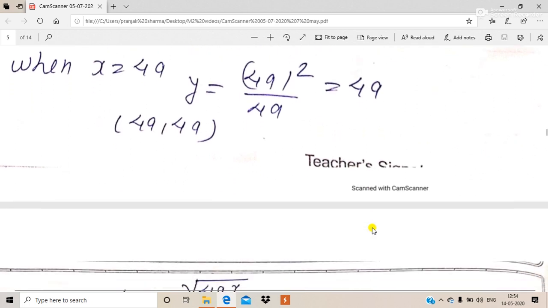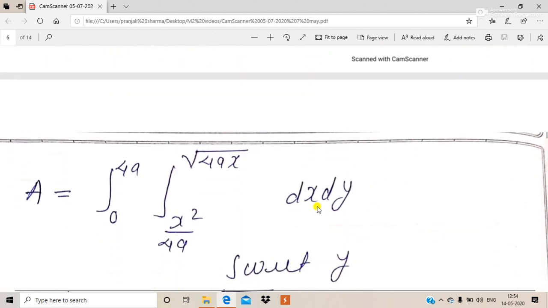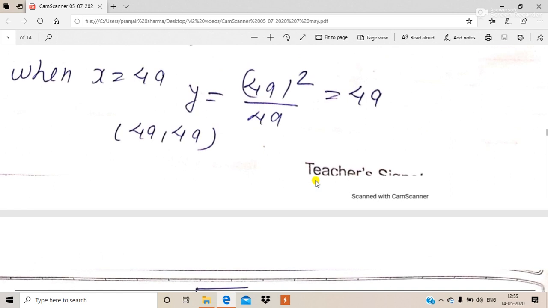The formula to find the area is the integral of 1 dx dy from x1 to x2 and f1(x) to f2(x). So let's see how we get these limits by the diagram.